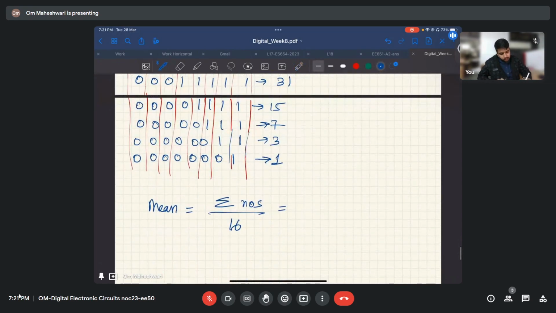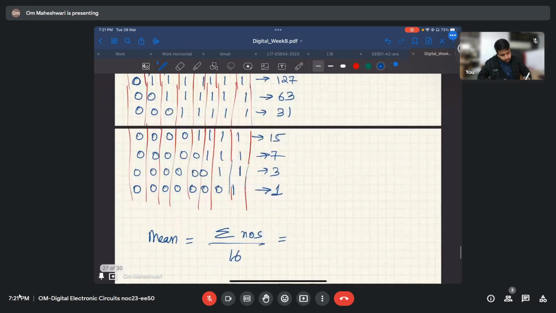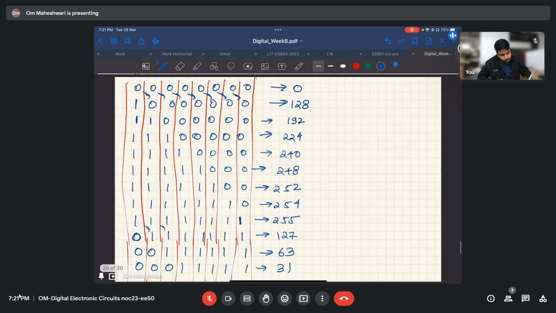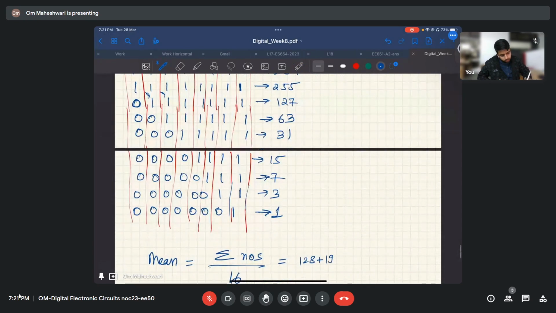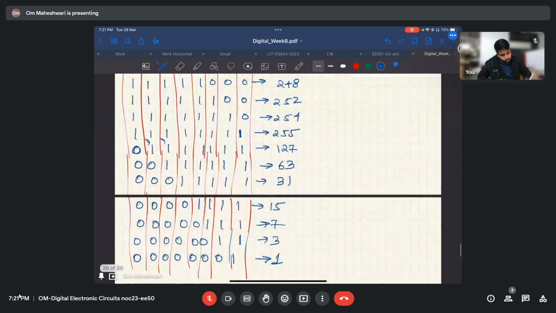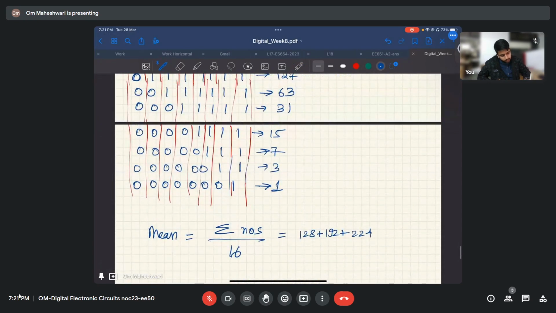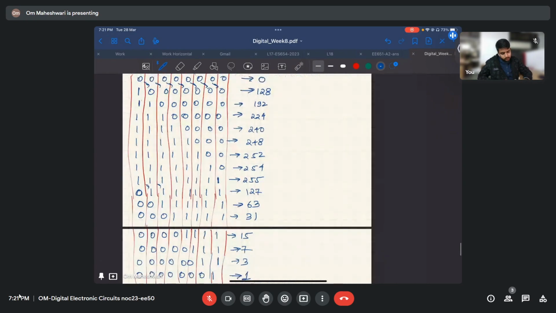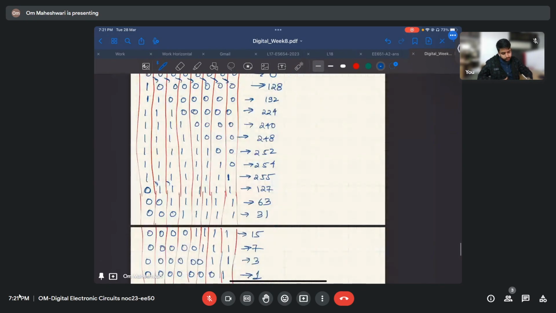So what we will have to do is the sum of 128 plus 192 plus 224 plus dot dot dot till 1, upon 16. Please do this sum.